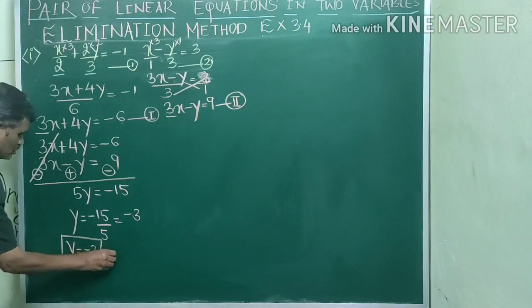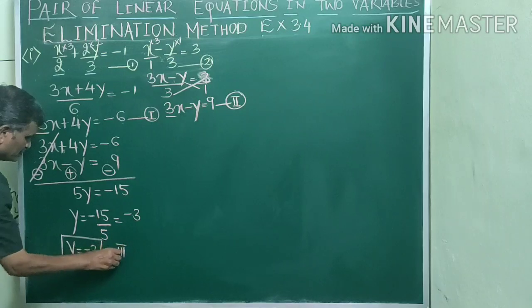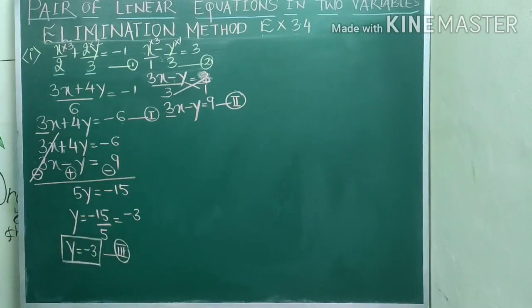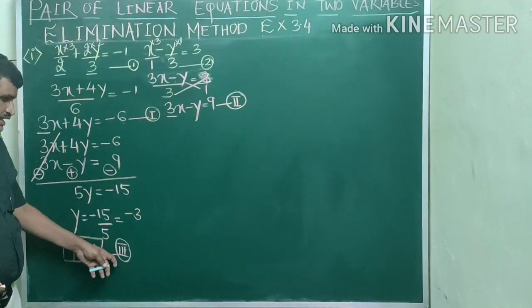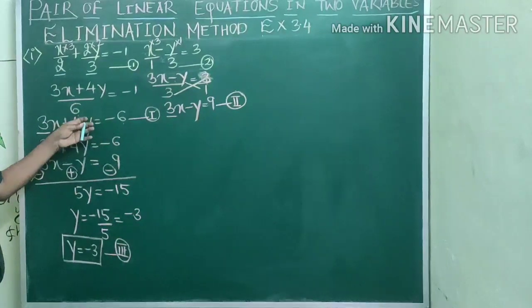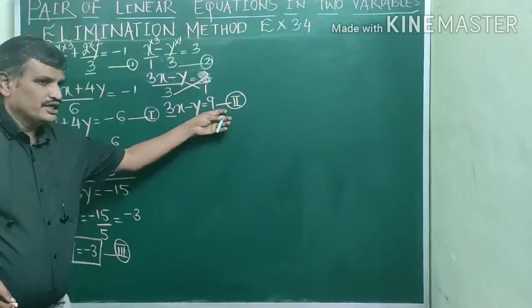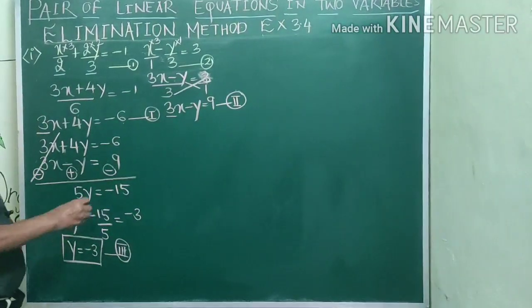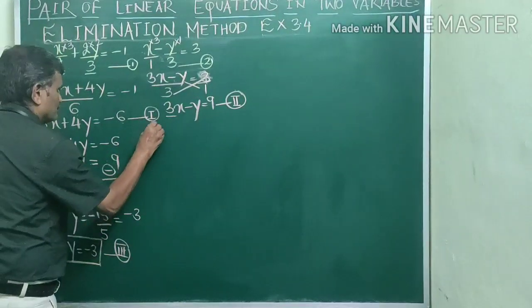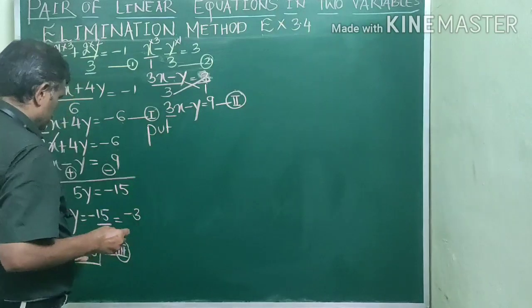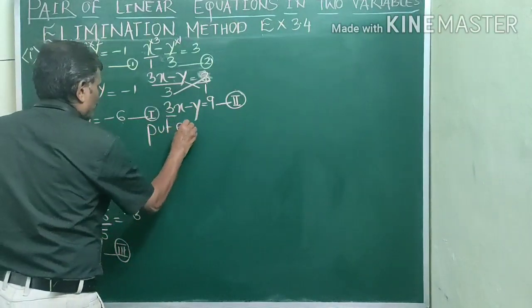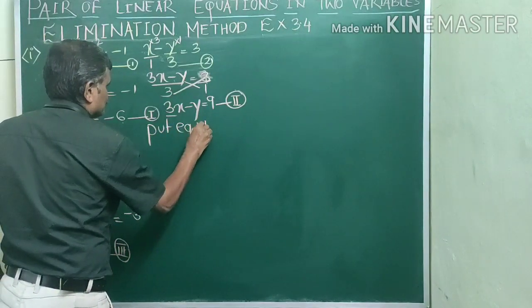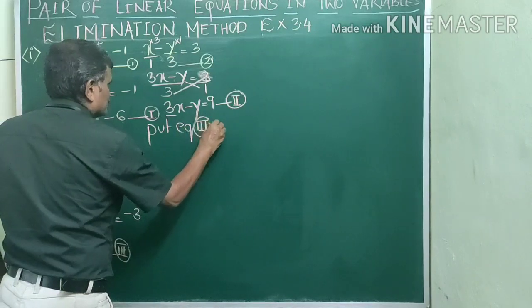Now this y is equal to minus 3, let me call it the third equation. Now this value of y I can put either in the first equation or in the second equation. Okay, let us say I will put it in the first equation. In that case I put the value of y, put equation 3 in 1.